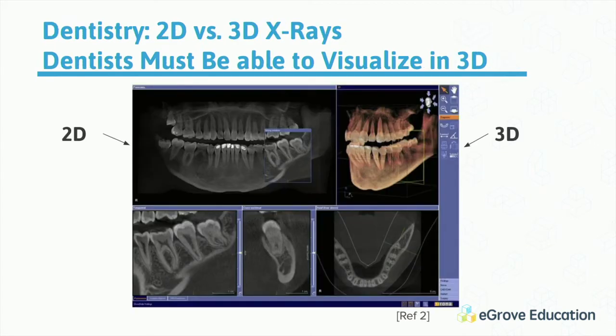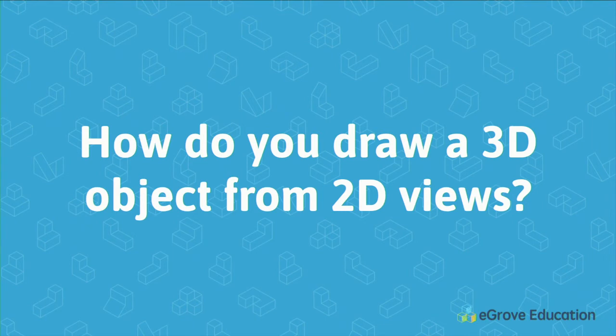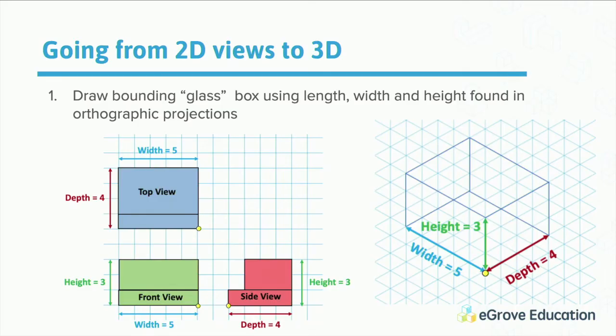In dentistry, you might have 2D x-rays, but you need to figure out what's going on three-dimensionally. In chemistry, you have 2D molecules, but you really want to know how things are bonding together and what the structure looks like. So how do we draw 3D objects from 2D views?